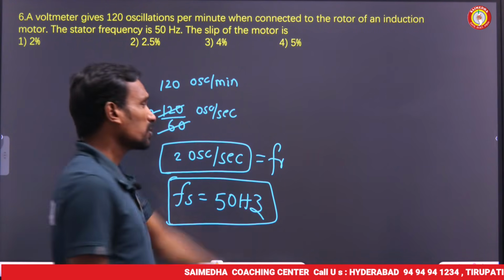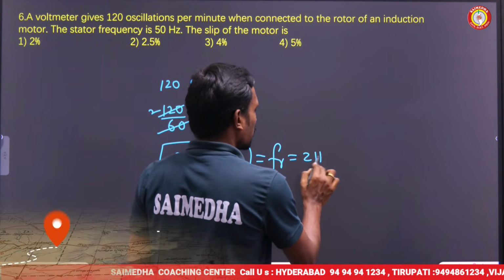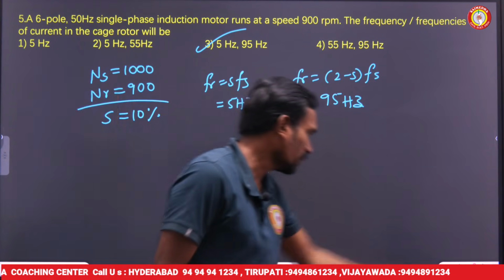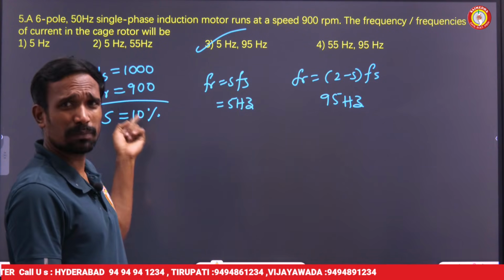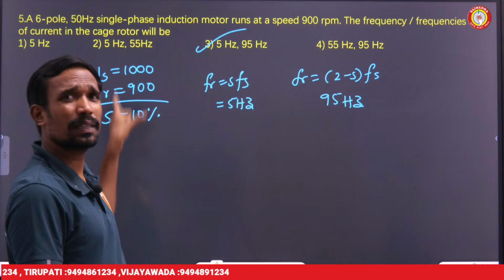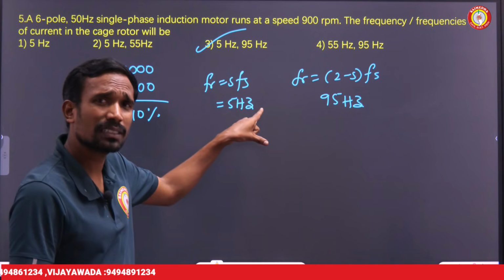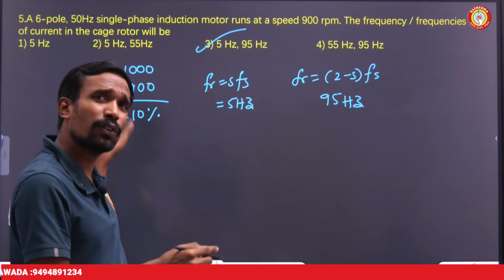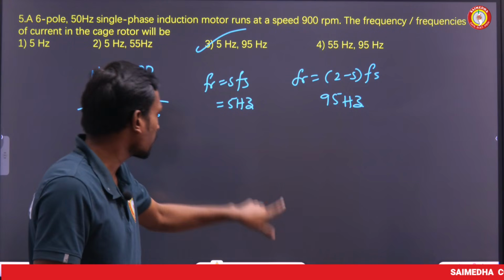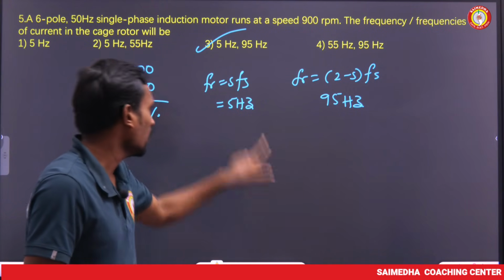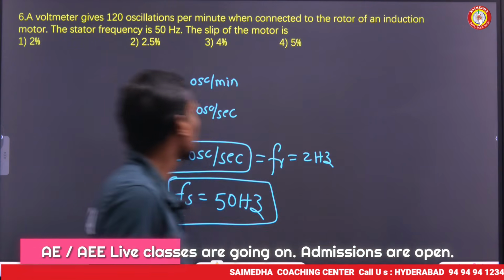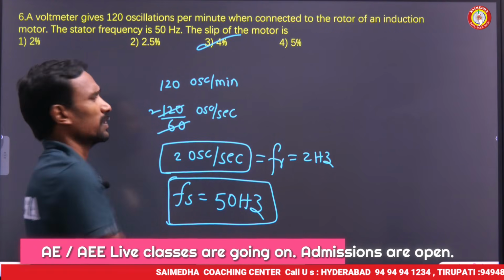So the rotor frequency is 2 Hz and the stator frequency is 50 Hz. If the slip is 10%, the rotor frequency is 5 Hz. If the rotor frequency is 2 Hz, the slip will be 4%. So the answer directly will be 4%.